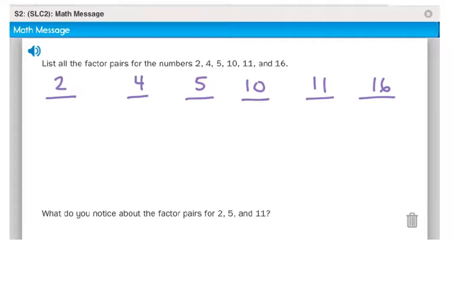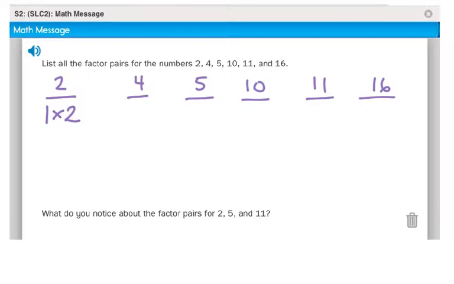Numbers multiplied together to give us a product. So if I list all the factor pairs for the number 2, please write these on your whiteboard with me. 1 times 2. And then remember how I talked about when you get to the turnaround fact, you know you've found all of those. And I know that I have all of them.